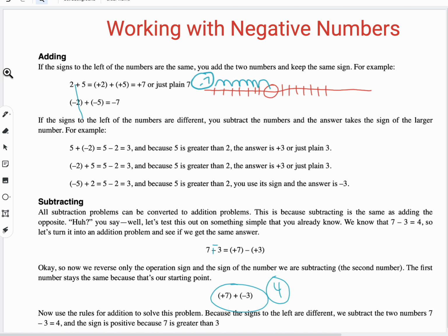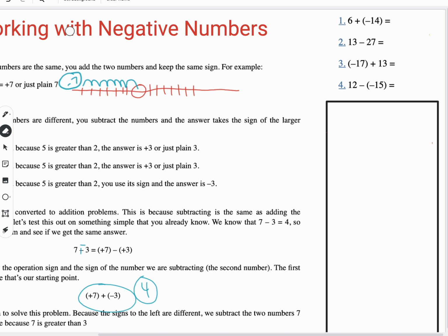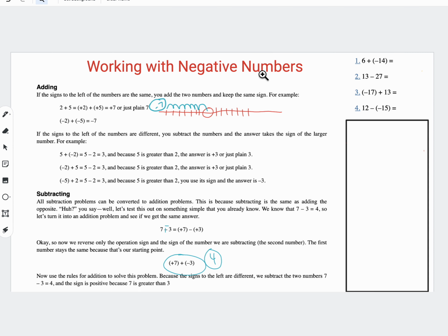Now let's take a look at some example problems. We begin with number 1. Number 1 is 6 plus negative 14.